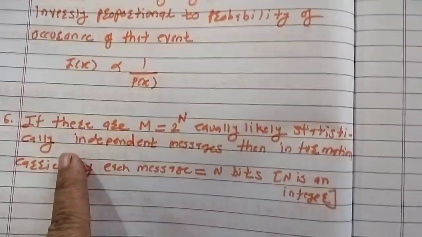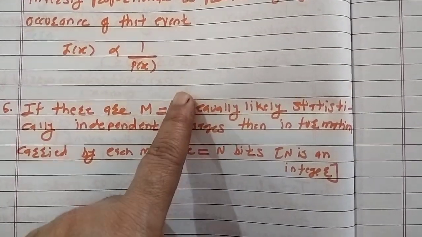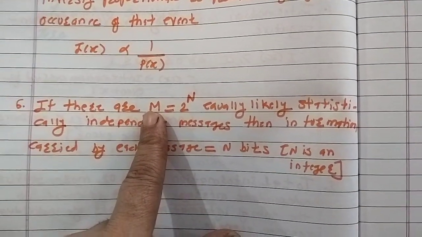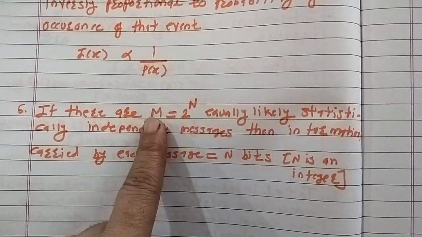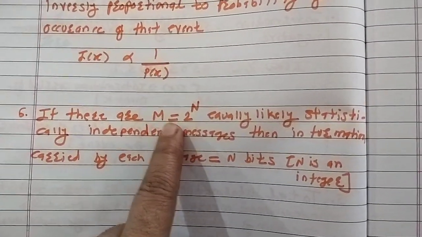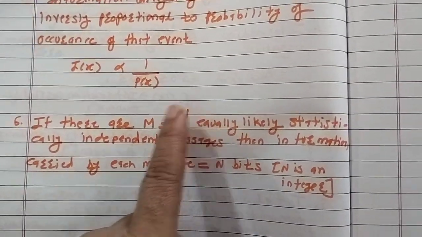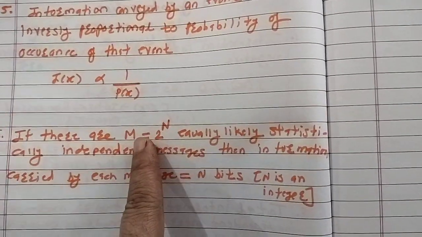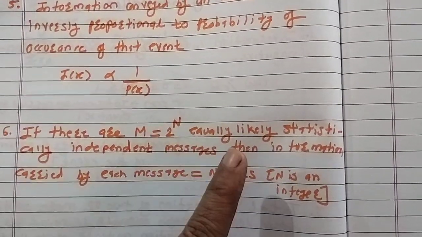That you know. And in this one, if M is equal to 2 raised to n, that means if there are M messages, which can be expressed in terms of 2 raised to n. If M is equal to 8 messages, then it can be expressed as 2 raised to 3, so n is equal to 3. These are equally likely, statistically independent messages, so they carry the same probabilities.